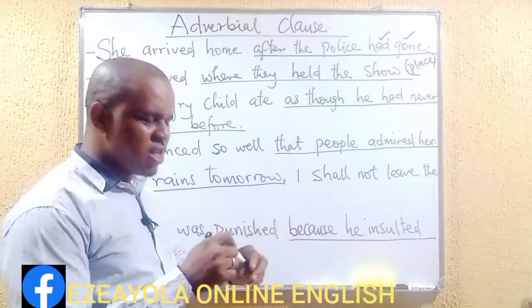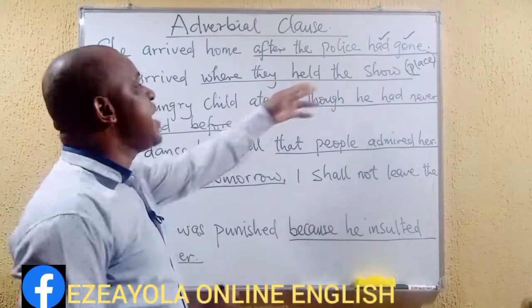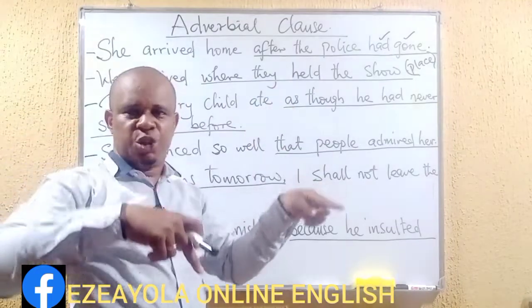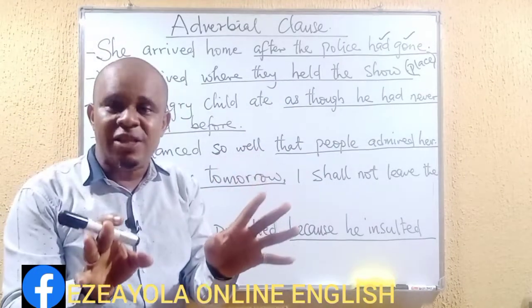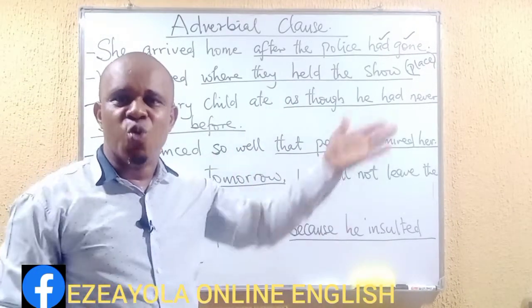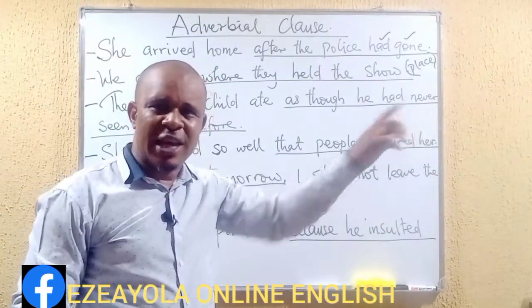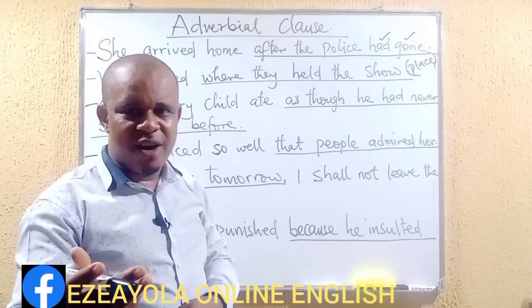The question is, where did we arrive? Where they held the show. So where they held the show is a particular place we arrived. That is why it is an adverbial clause. It answers the question where, all right?